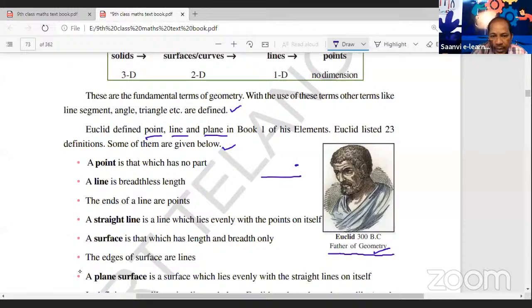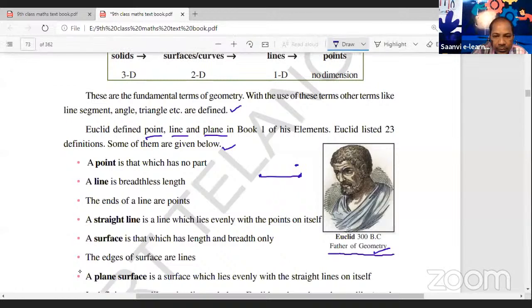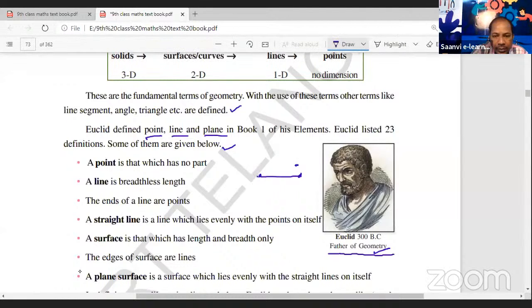If you draw a line, it is breadthless length, meaning without breadth. The ends of a line are points. Suppose this line is there. Here the ending corner, we call it a point.